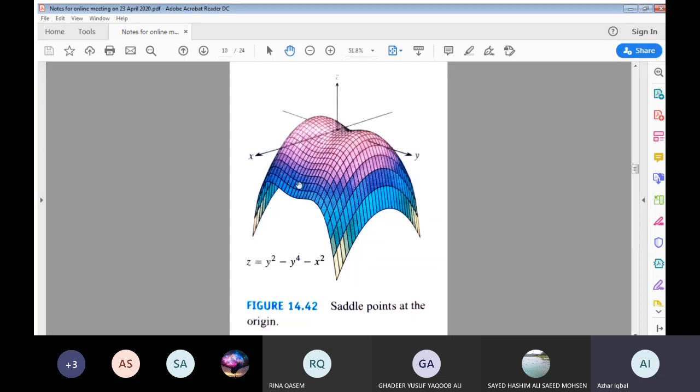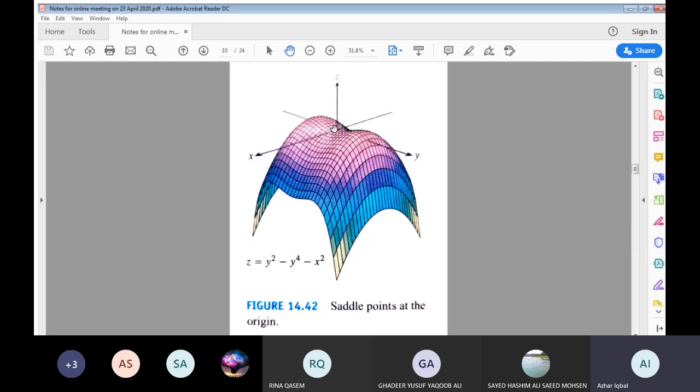At this surface, at this point here at the origin, if you consider a region around that point, and you go in the direction of the x-axis, then this is a local maximum.